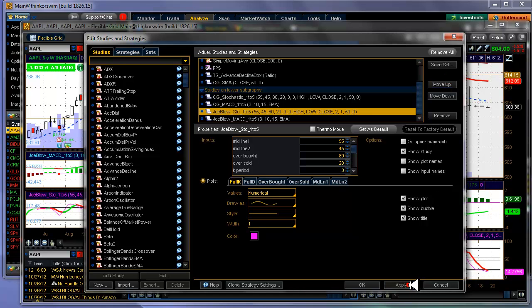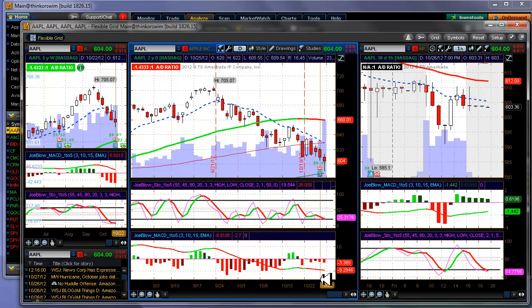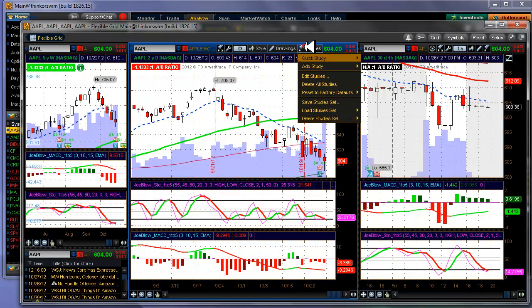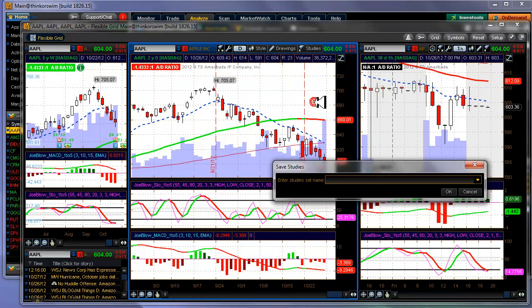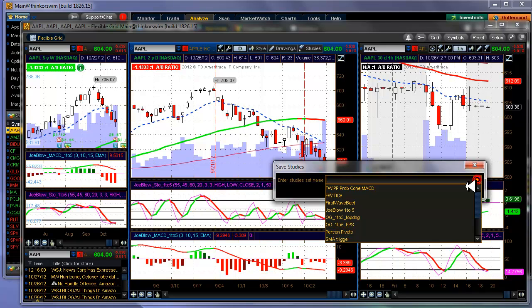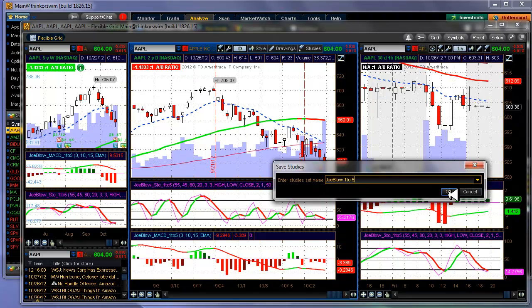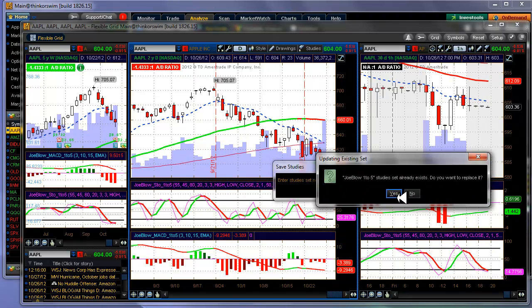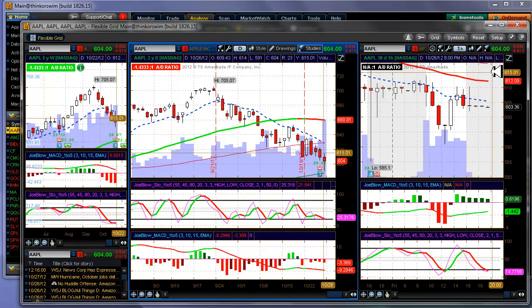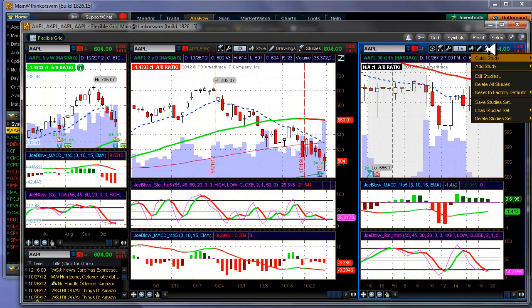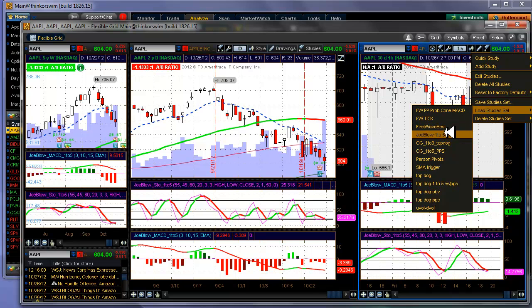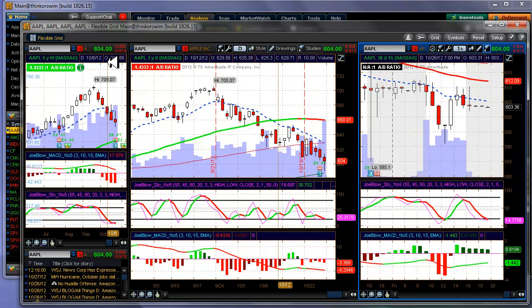And I will say apply and OK, and now stochastic's on top of MACD. And we'll go back here and we say save the study set, Joe Blow, and then yes, I know it exists, and then we will load it over here, and we will load it.